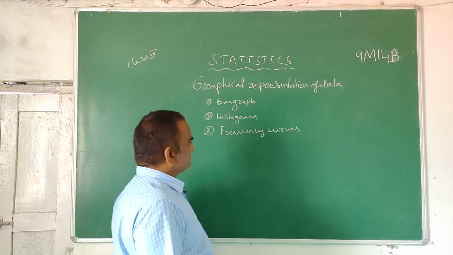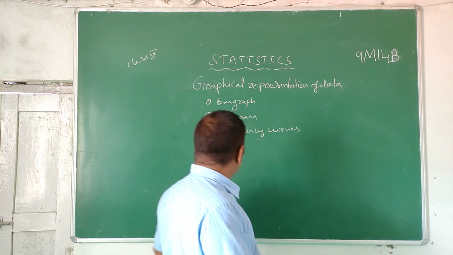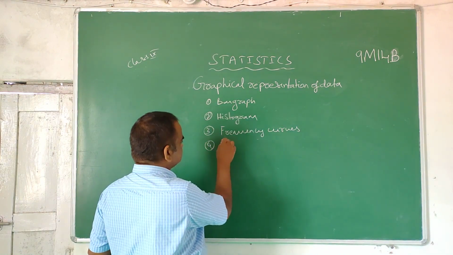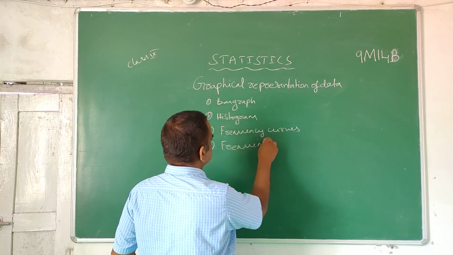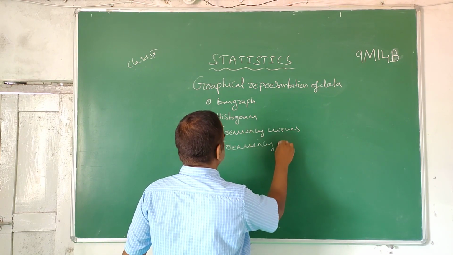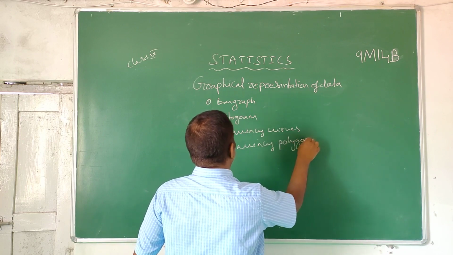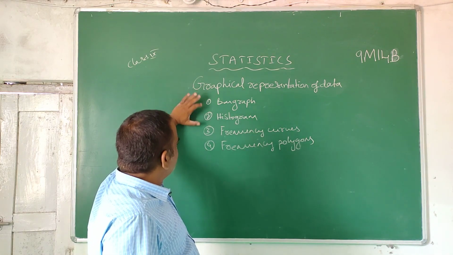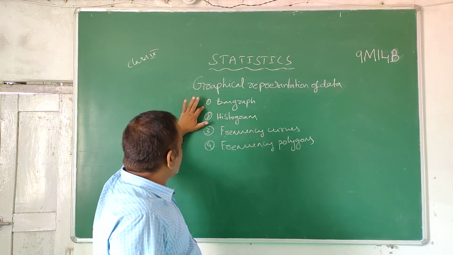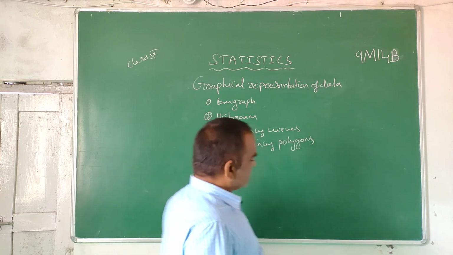Frequency curves, frequency polygons, this is another type. So there are four types of graphical representation: bar graph, histogram, frequency curves, frequency polygons.